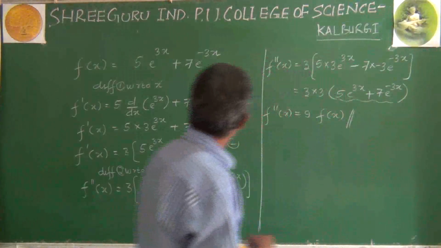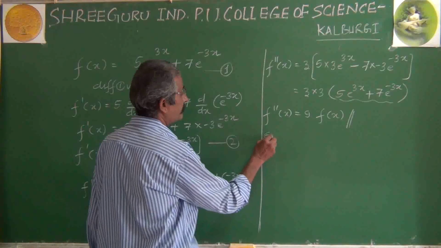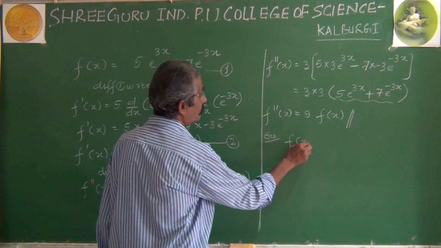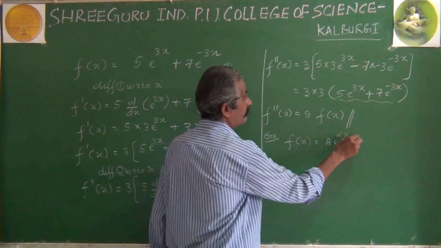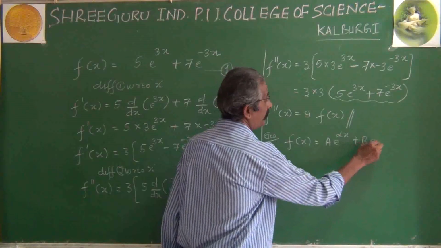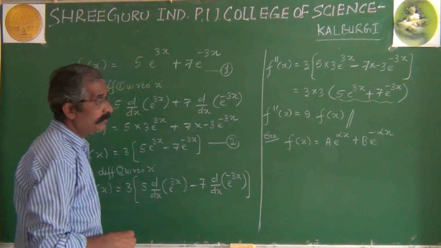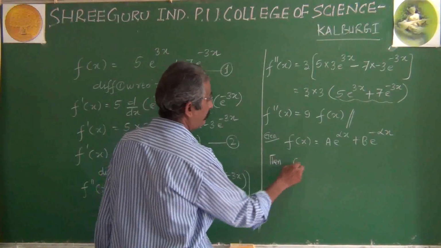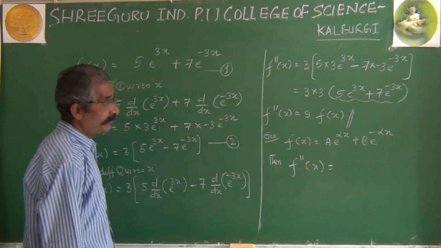And this problem can be transferred to a generalization like this. As a generalization, if f of x equals a e raised to alpha x plus b e raised to minus alpha x, where a, b, alpha are non-zero real numbers, then f double dash x equals, you can observe here 9.